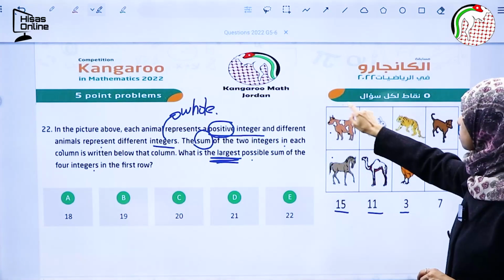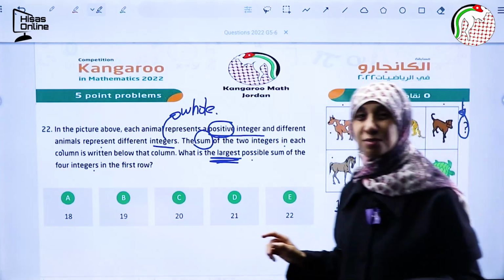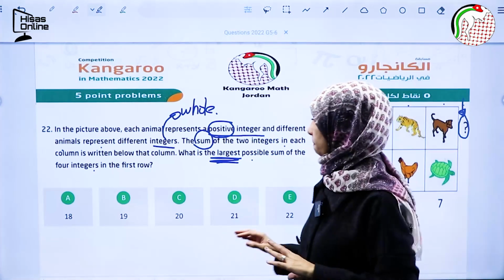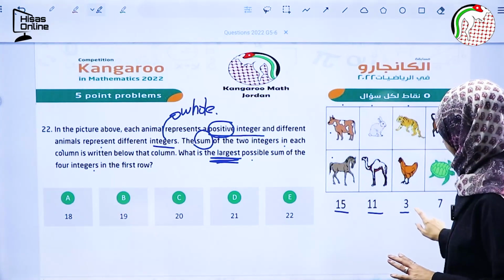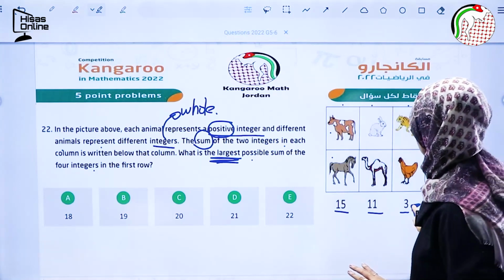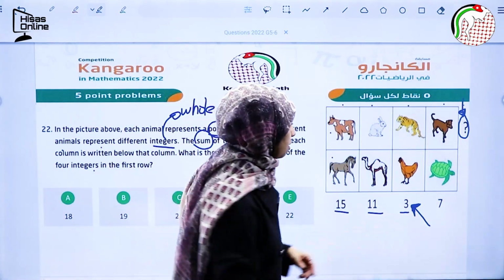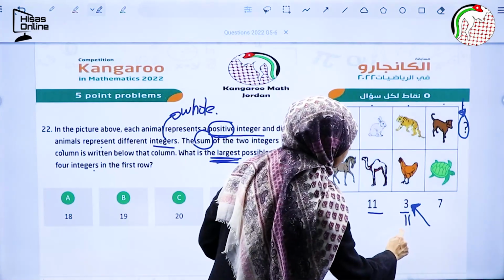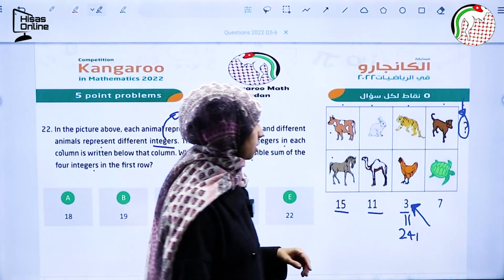When I add those, how much would be the largest possible sum? Let's see. I can start from this one here because it's the smallest sum, because 3 equals 2 plus 1. I don't have any other option.